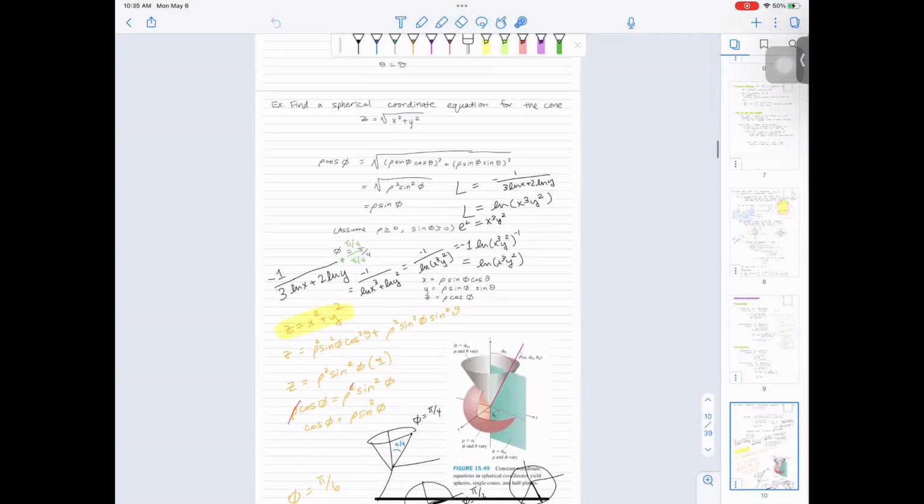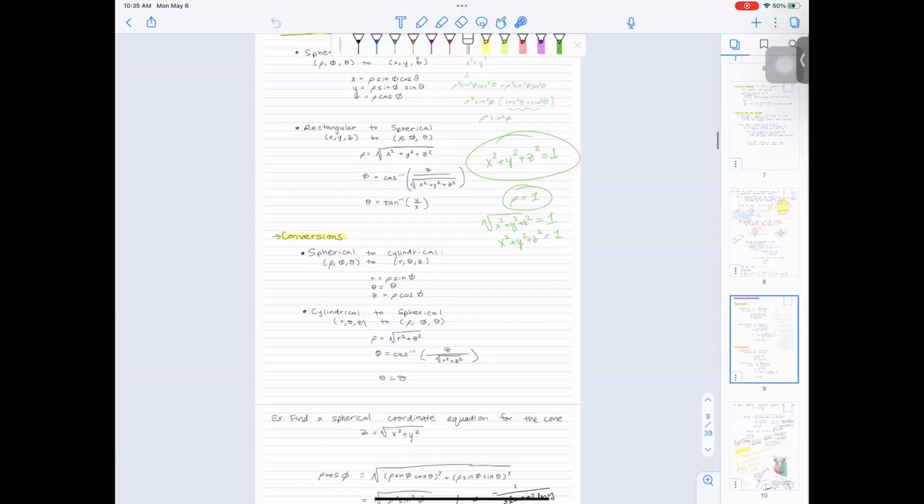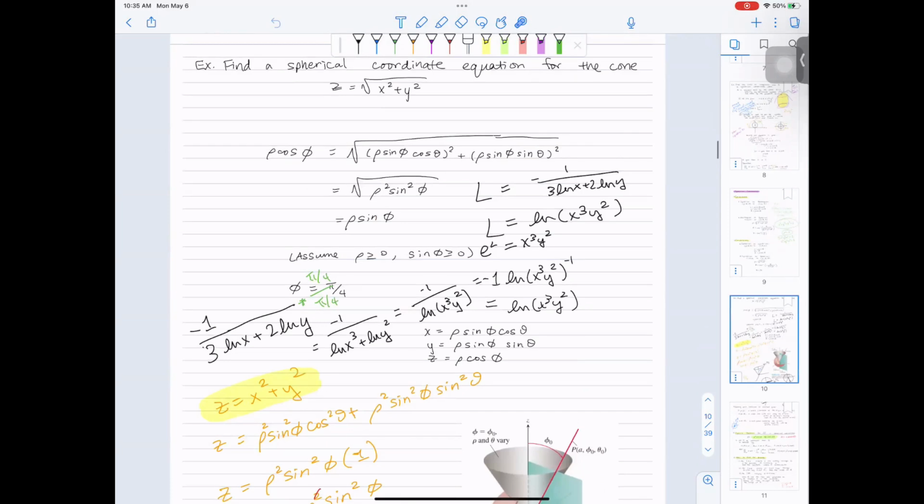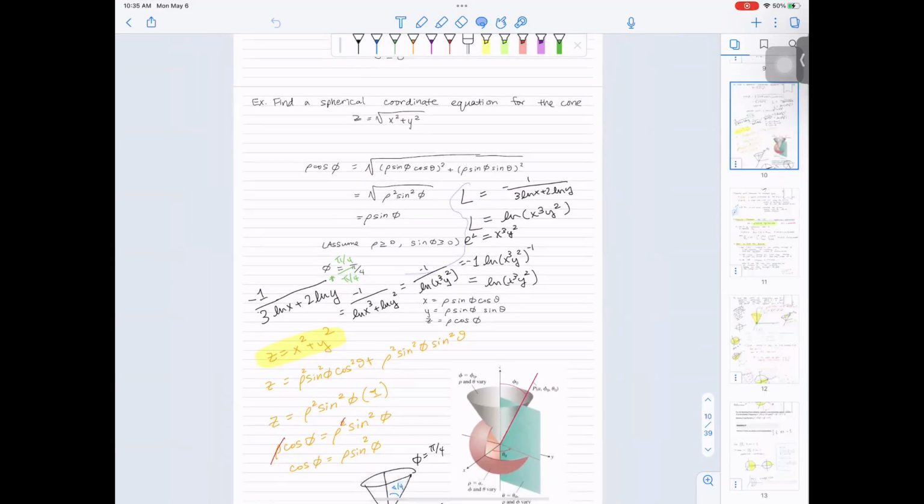The cone is written as phi equals a number, where these dots mean numbers, like rho naught, which is some number. Here I have an example of why something is a cone.